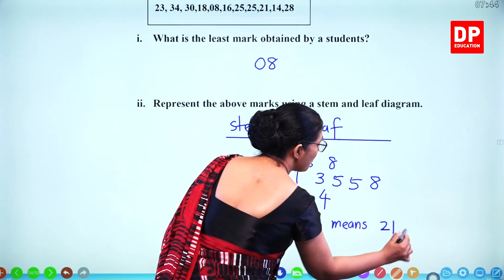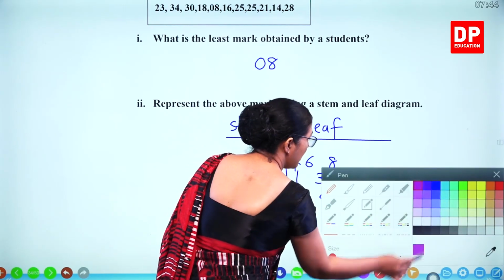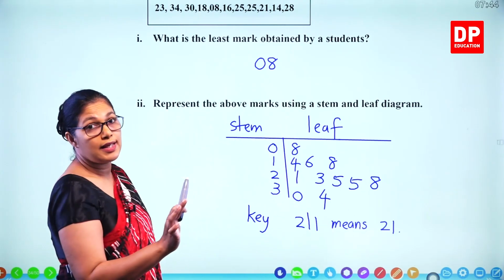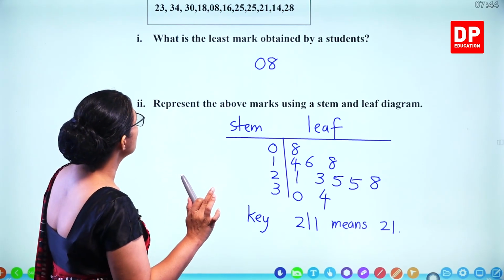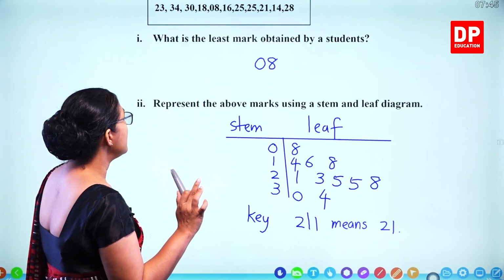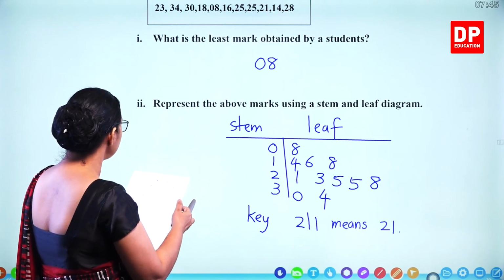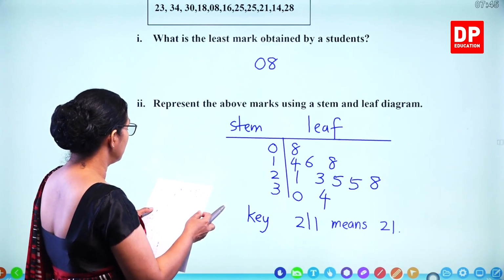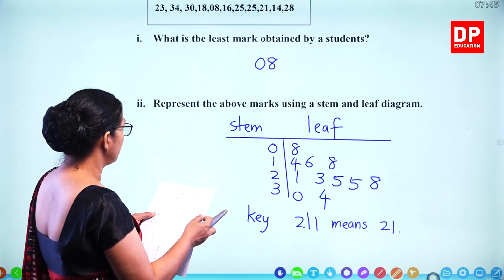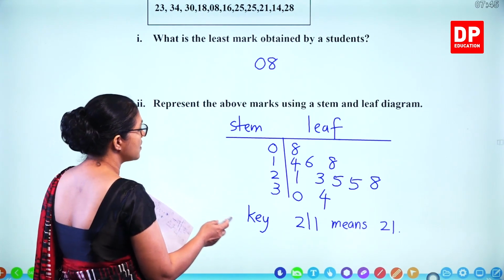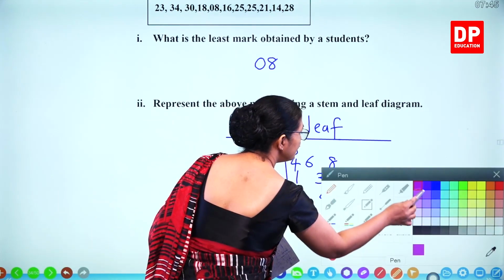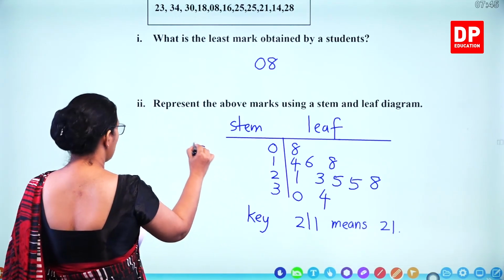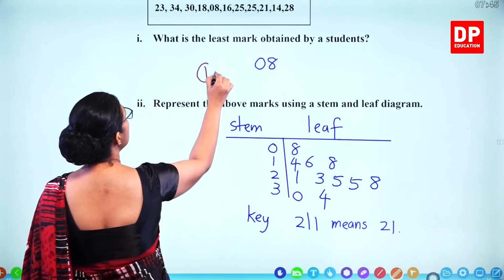So you have to draw it properly and write down the key. So you get marks for that as well. So that's the stem and leaf diagram. So you get 3 marks here and 1 mark for writing down the lowest value.